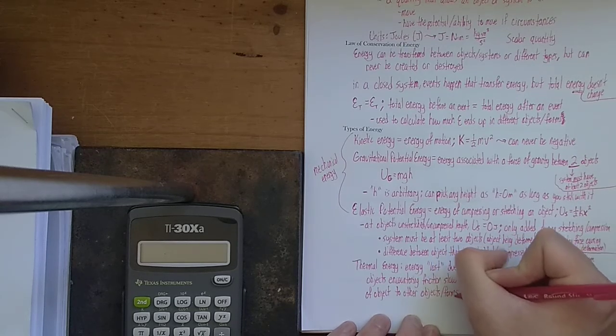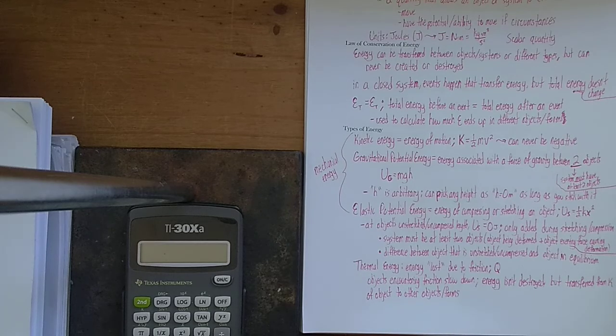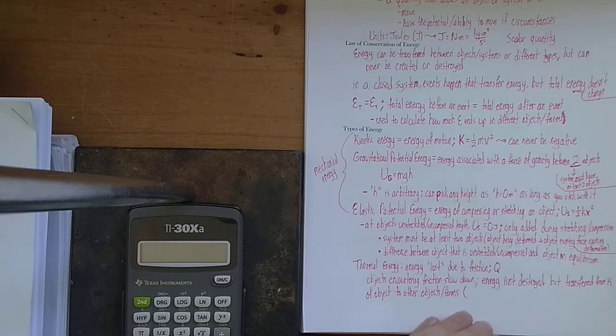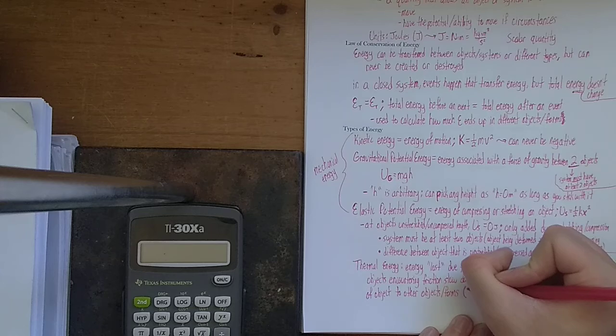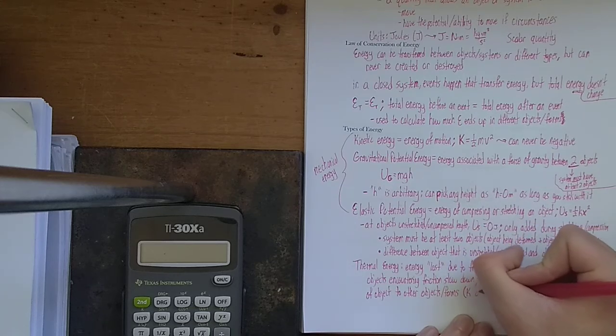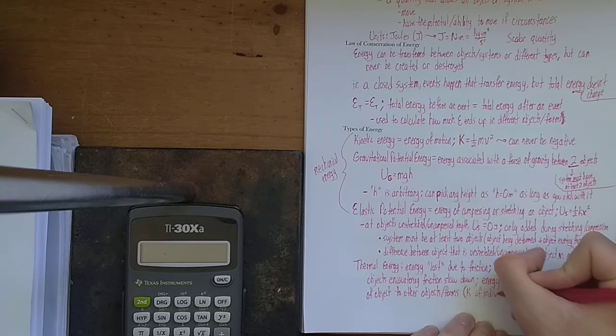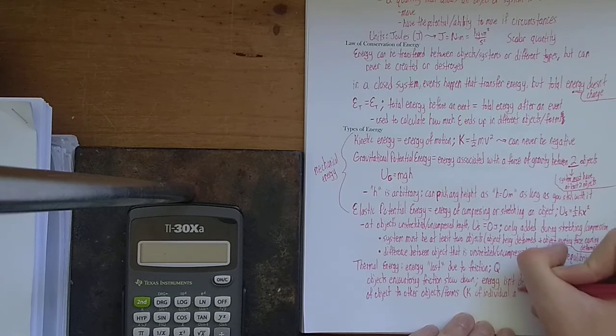What's really happening is that instead of having all the atoms move in the same direction, friction causes them to start to vibrate in different ways. It's kind of like saying you're taking the kinetic energy that these molecules and atoms initially had, and now you're redirecting that kinetic energy a little bit so that it's not all in the same sort of motion. So what you're really increasing when you increase thermal energy is the kinetic energy of individual atoms as opposed to the kinetic energy of the object itself.